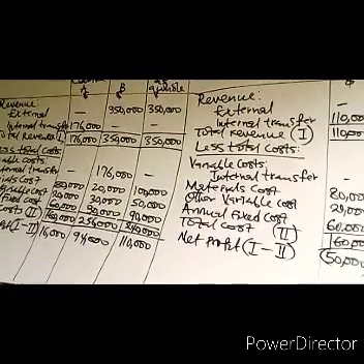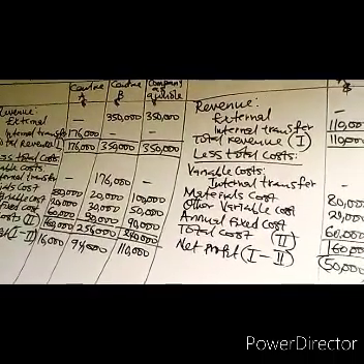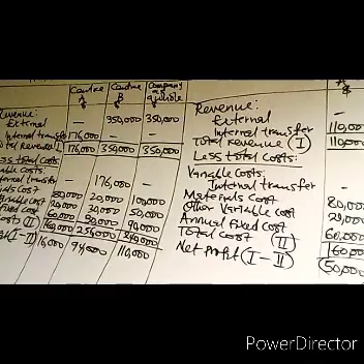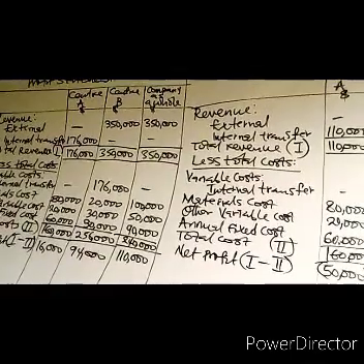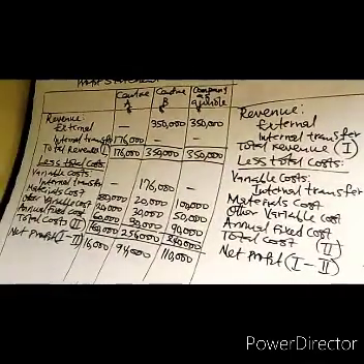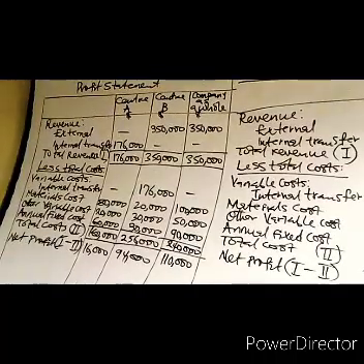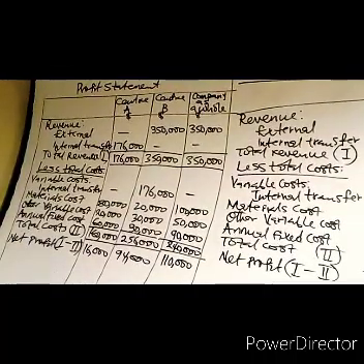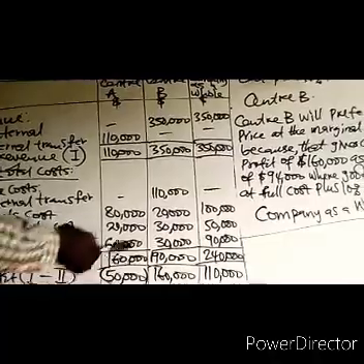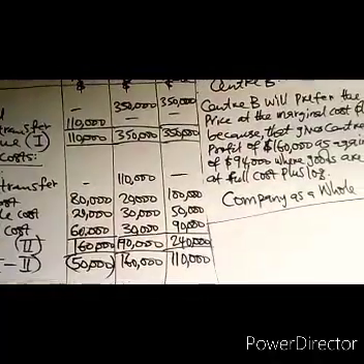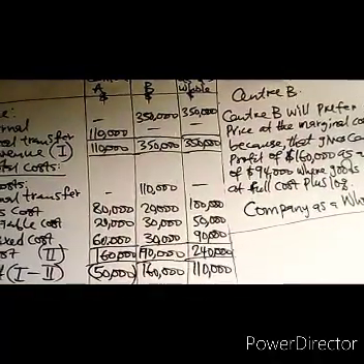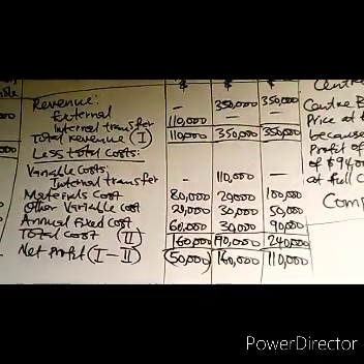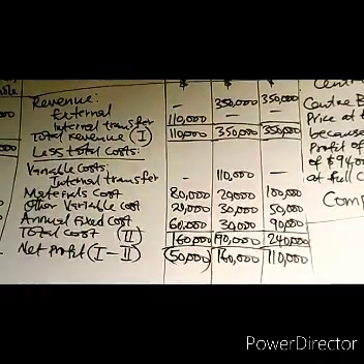But where goods are transferred at marginal cost plus 10%, the company as a whole also makes a profit of $110,000.